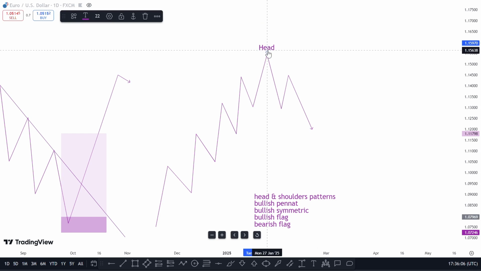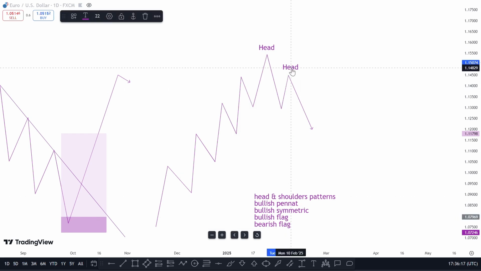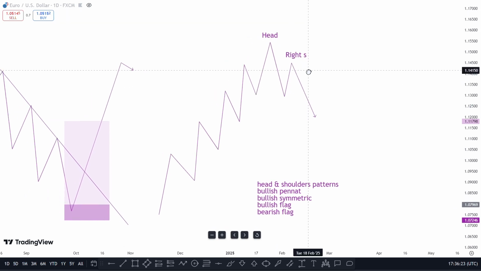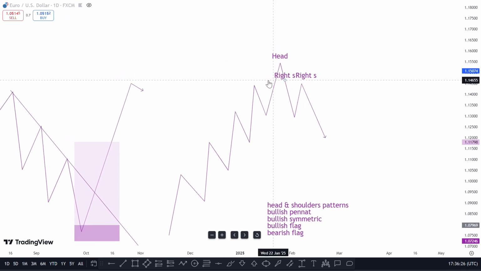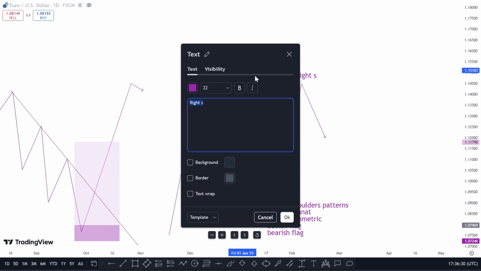We also have the right shoulder, and we also have the left shoulder as well.